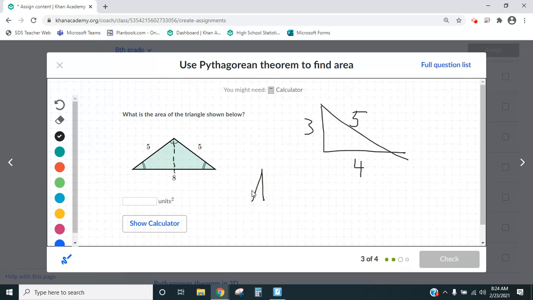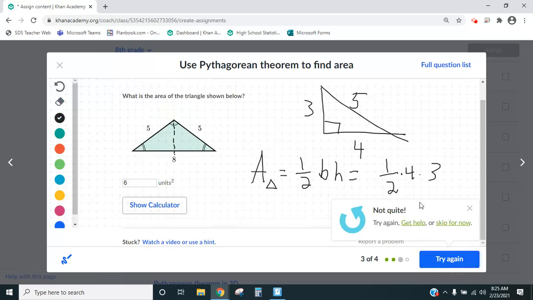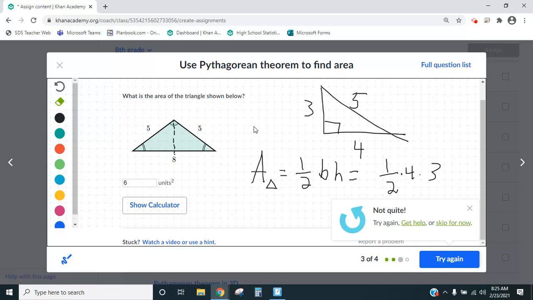Now, let's do area of a triangle. Area of a triangle is half base times height, right? Our base was 4. Our height is 3. What do we get? 6. Yep, thanks. Awesome. Okay. Oh, what did I do?